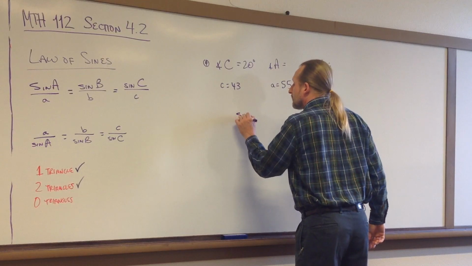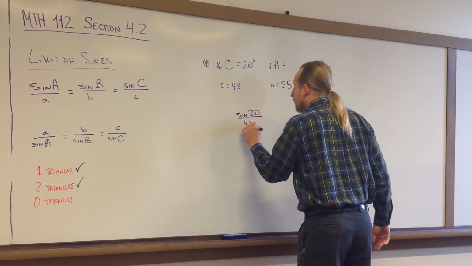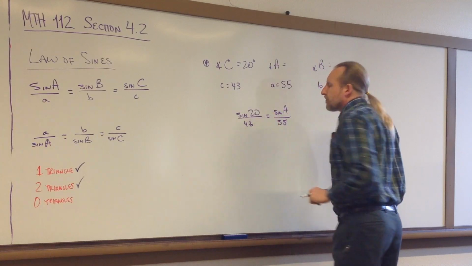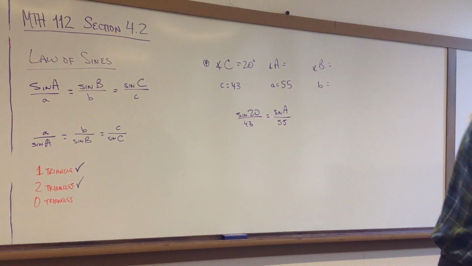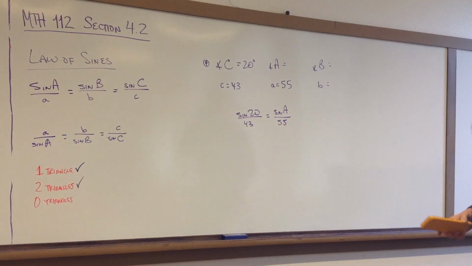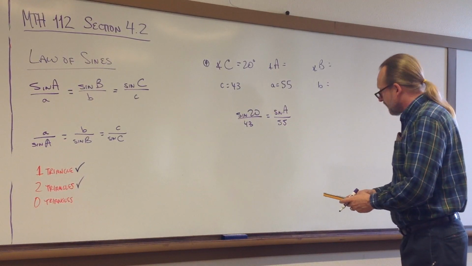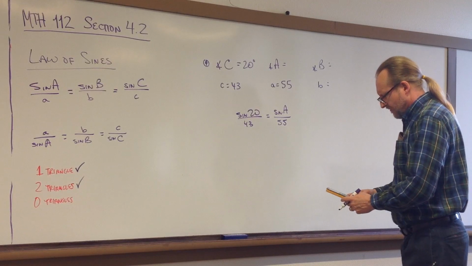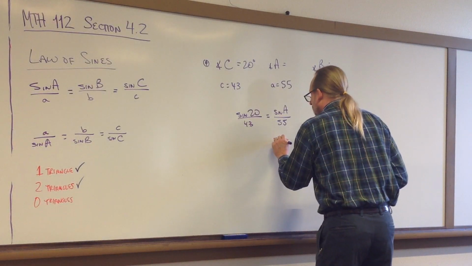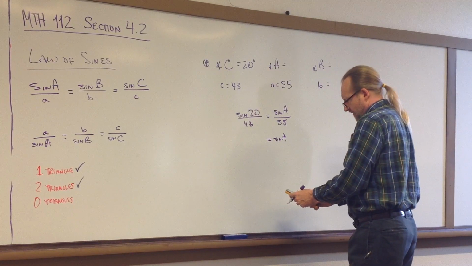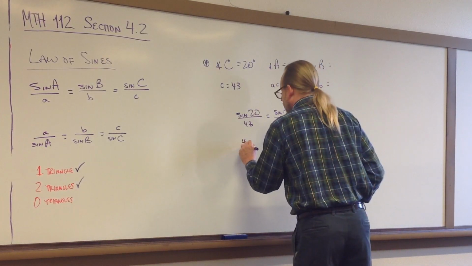Let's see. So sine of 20 over 43 equals the sine of A over 55. So sine 20 divided by 43 times 55 says that the sine of A is going to be about 0.4375.